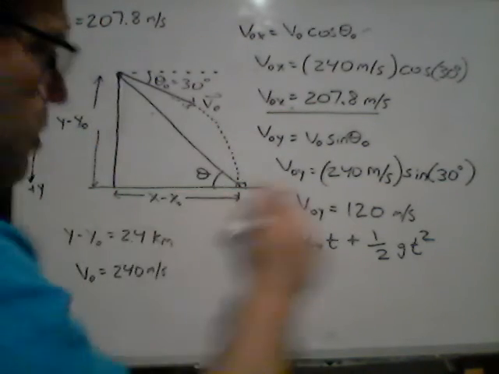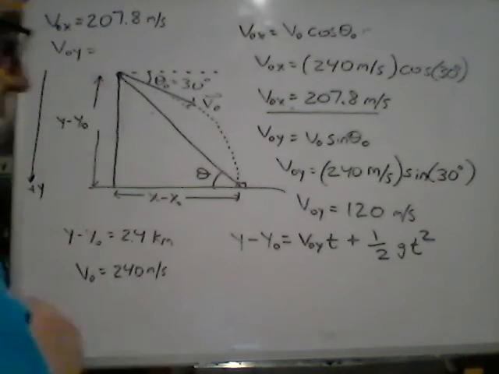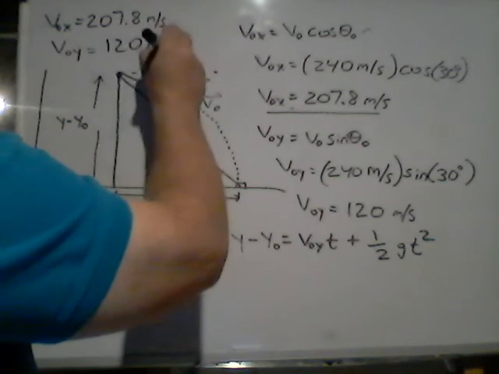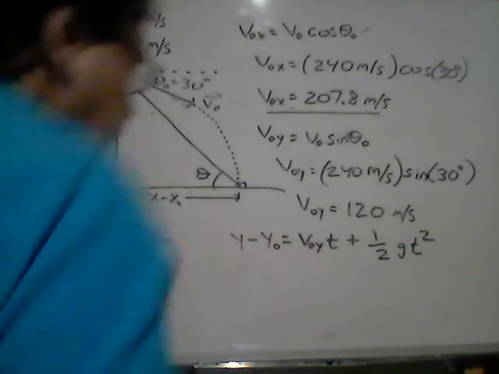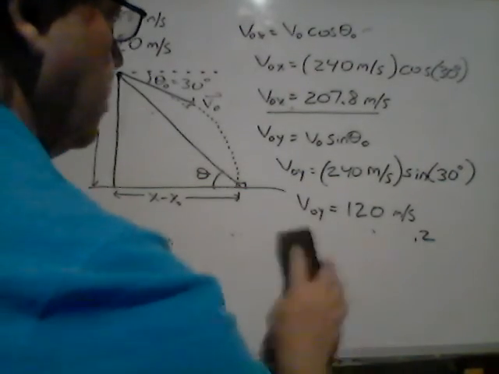And I know v naught sub y, let's write that over here too, and that's 120 meters per second. I just need to write down my results so far and erase. Let's erase this and try to solve.